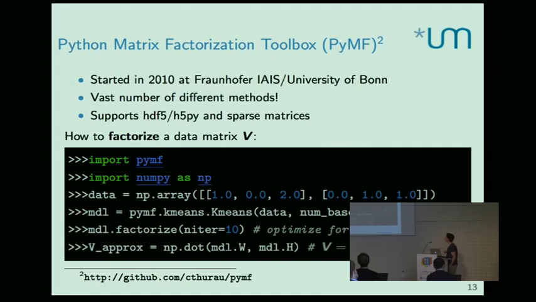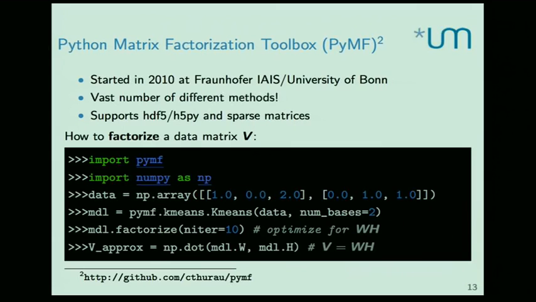And how would that look in Python? In 2010, at the Fraunhofer Institute in Bonn and at the University of Bonn, we developed a little toolbox for matrix factorization called PyMF. We included a lot of different matrix factorization methods, also a lot that you cannot really find in other toolboxes. K-means obviously not, I mean, it's a very common method.